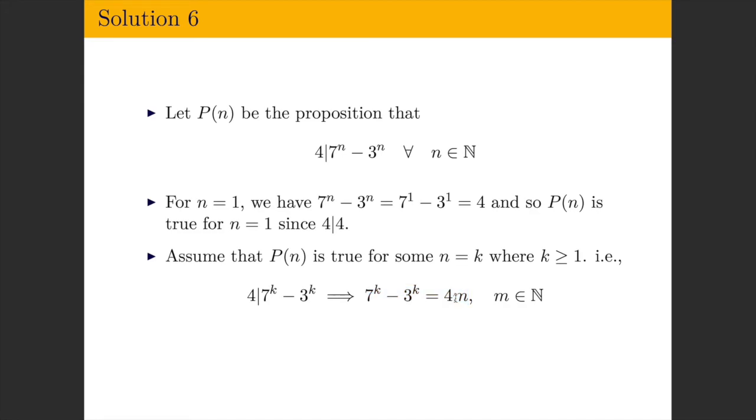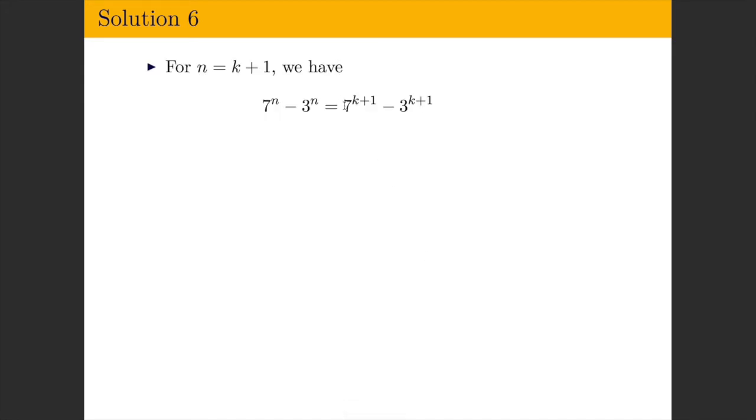So what I'm going to do from this step here, see how we have 7 to the k plus 1 and 3 to the k plus 1? I'm going to first rewrite that as 7 times 7 to the k minus 3 times 3 to the k. And I've done that because now I've got this 7 to the k and I've got this 3 to the k.